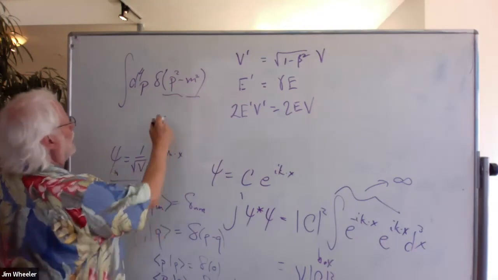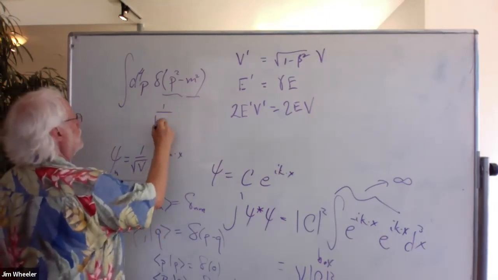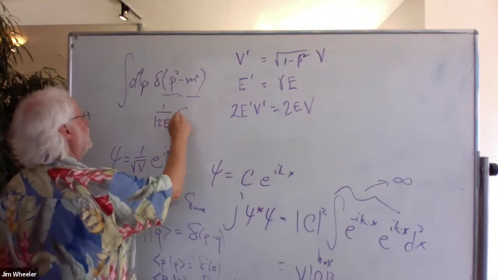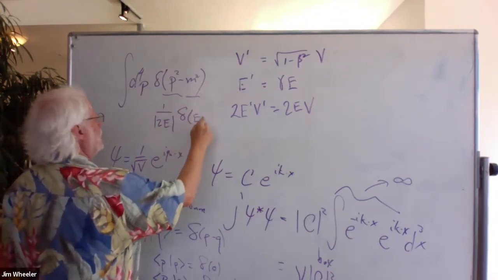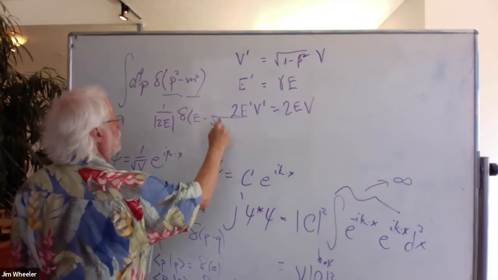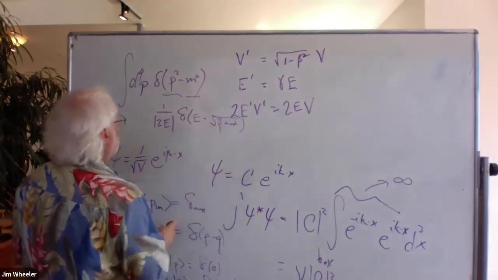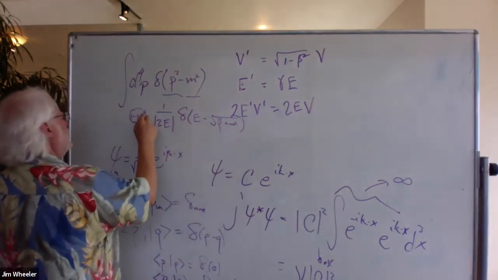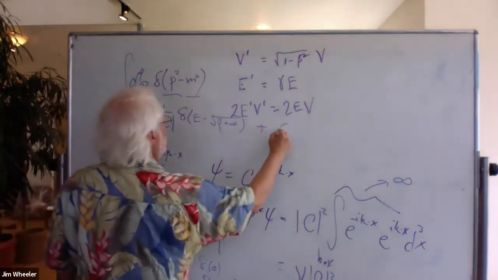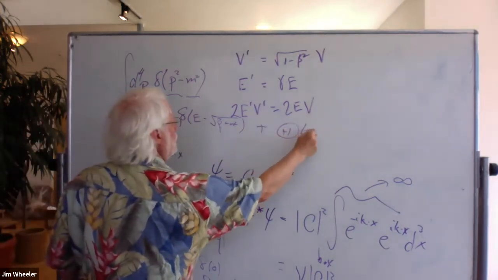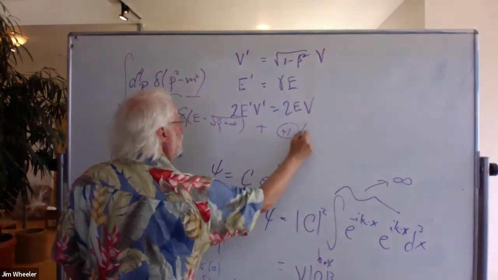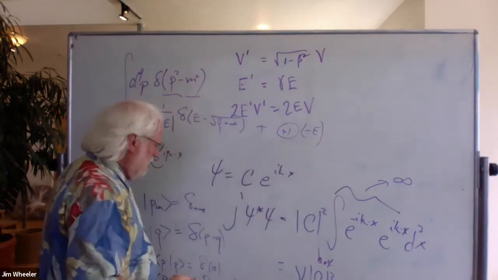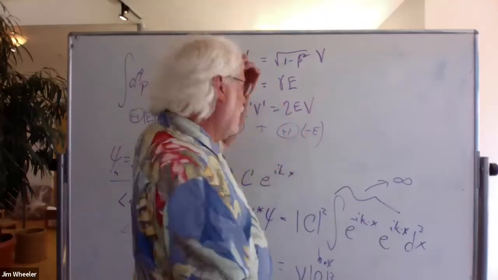You can write this as 1 over 2E times a delta in E minus the square root of p squared plus m squared. Actually, a sum of 2 such things. This would be the positive energy contribution, and then you'd have a negative energy contribution, minus E here. We already saw this with the antiparticle-particle case, right? Yeah, this would be an antiparticle.